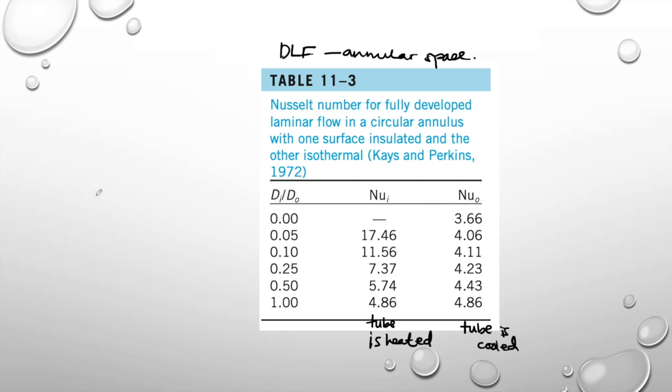So we have here the inner diameter and the outer diameter, the inner tube and the outer tube. This outer tube is the shell side. So this is di and this is do.